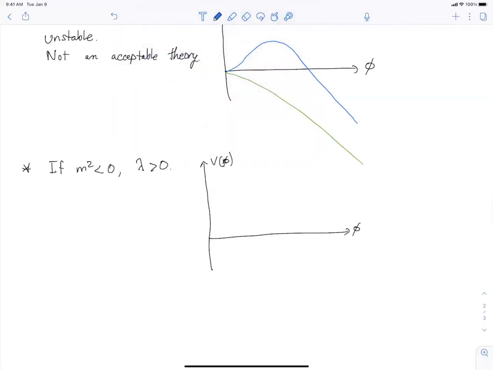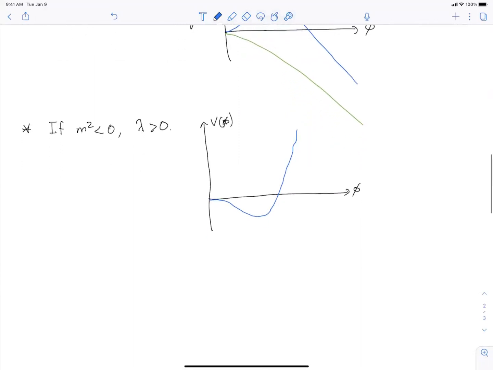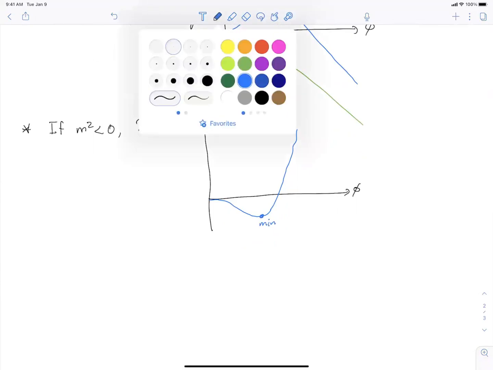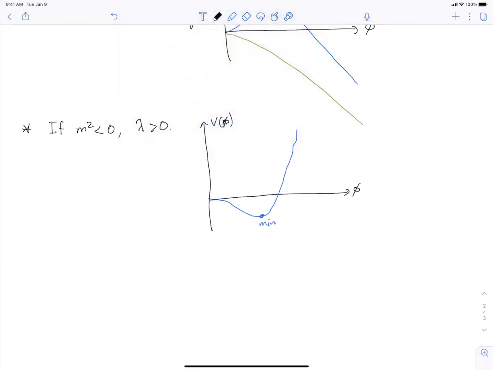Okay, near the origin, m squared is the important term, and that goes negative. But then for larger phi, the positive lambda takes over, and the potential looks something like that. And so there will be a minimum value. And you can even minimize the potential to find out the minimum value of phi squared is going to be v squared over 2, where v is the square root of minus m squared.